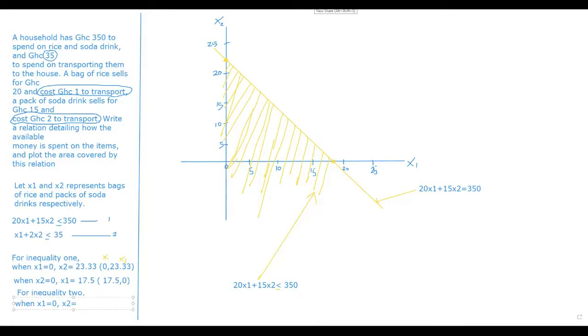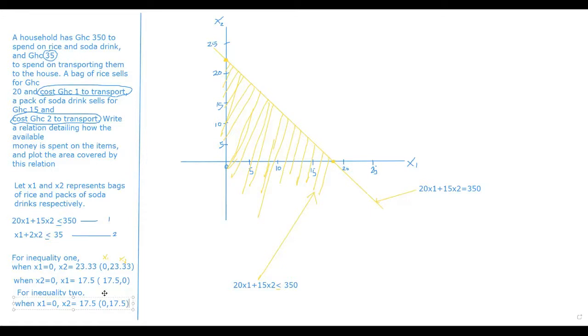How will I know you've understood? 8.75? Come again, because 35 divided by 2, is it 2 times 2? No, it's 17.5. All right, thank you. So the coordinate becomes 0, then 17.5.